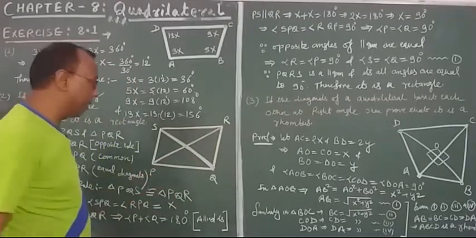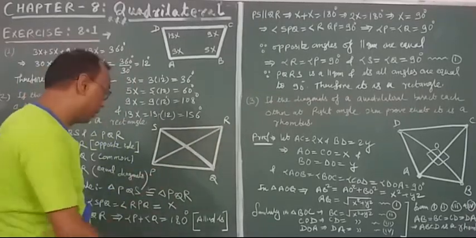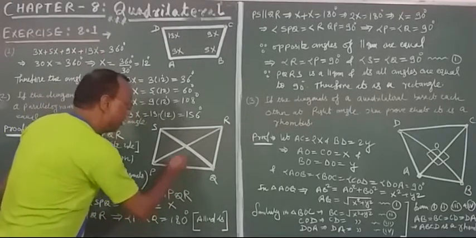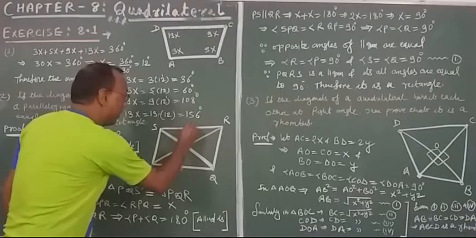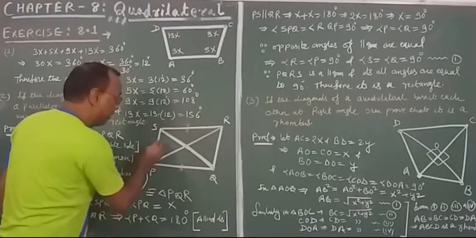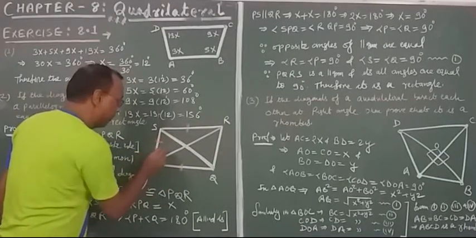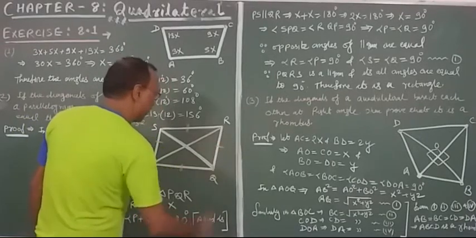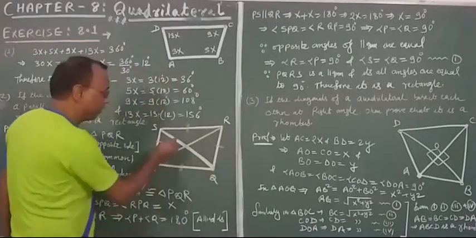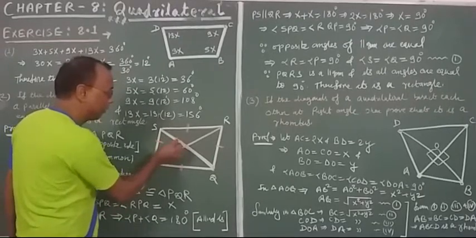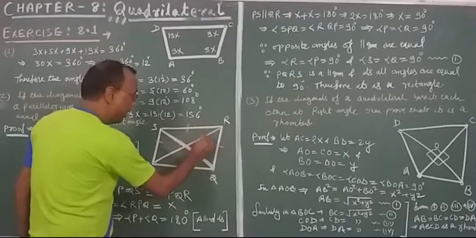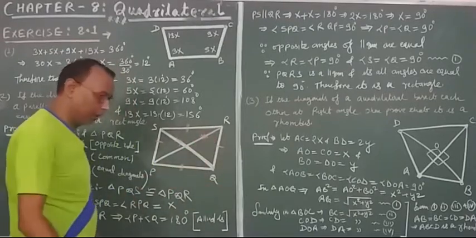Since it is a parallelogram, therefore side PQ will be equal to SR, PS will be equal to QR. And the diagonals are given equal: SQ and PR are given equal.